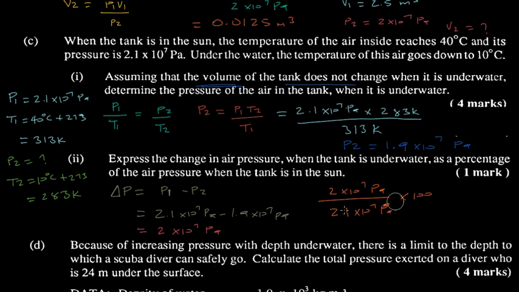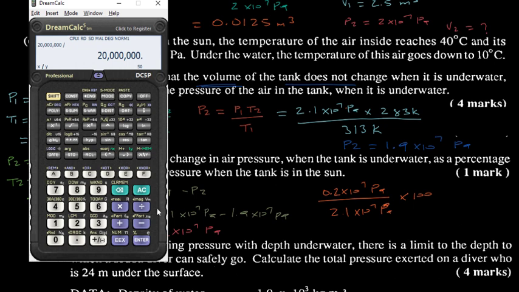So we say 0.2 times 10 to the 7 divided by 2.1 times 10 to the 7, and we're going to get 0.095.